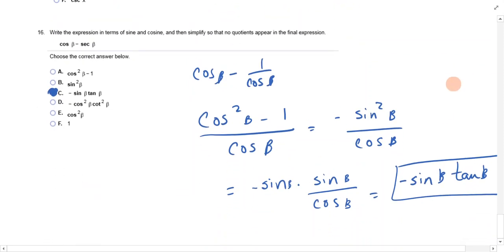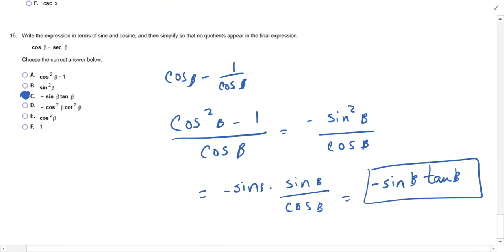Number 16, write in terms of sine and cosine. So cosine beta minus secant beta. Secant is 1 over cosine. So now we have to make this be one fraction. Think about it this way: you've got cosine over 1 equals something over cosine.